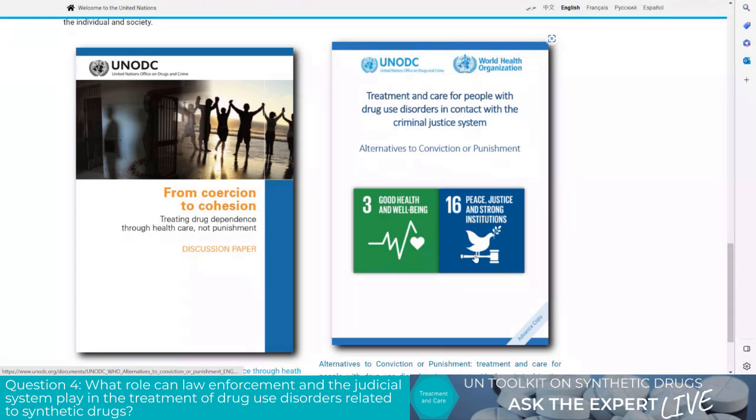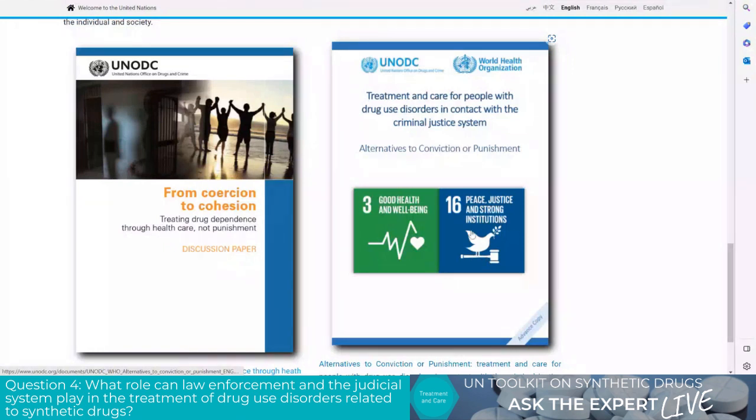So all good reasons why law enforcement could also find it very useful to move people who use drugs and people with drug use disorder into healthcare.